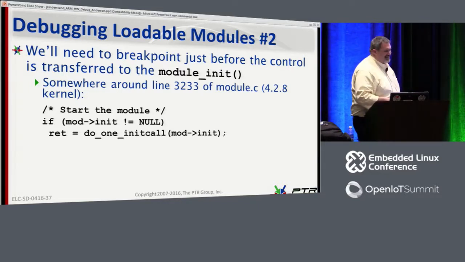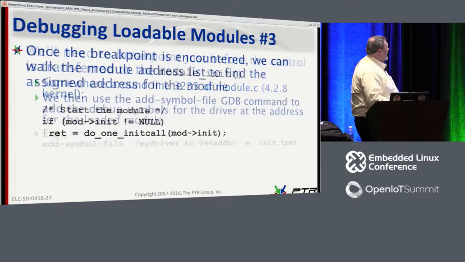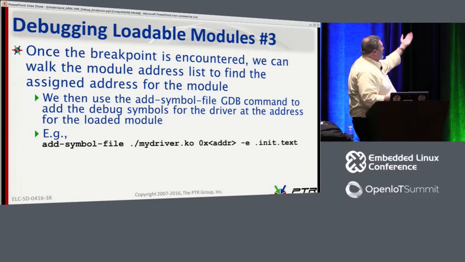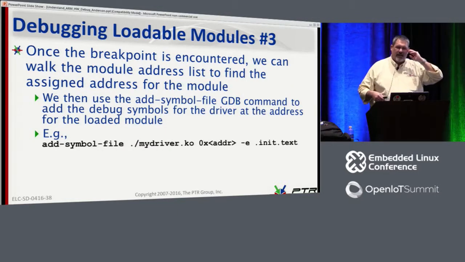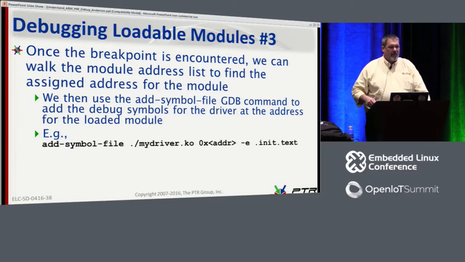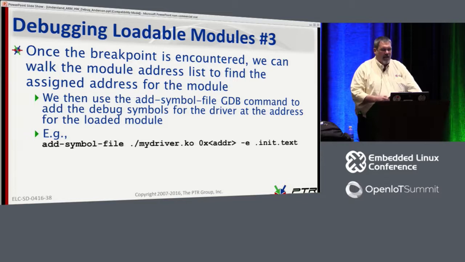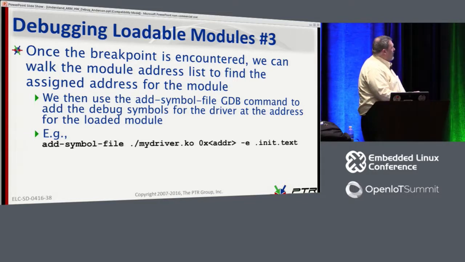So it's not necessarily one that we have to do this very often, but it can be. Now, once I have the breakpoint initialized and I hit the breakpoint, then what I can do is in my debugger, I can do an add-symbol-file. I'll add my driver.ko and the address of where the symbol file is supposed to be loaded. And then I'll usually set that up to the entry point of .init.text.